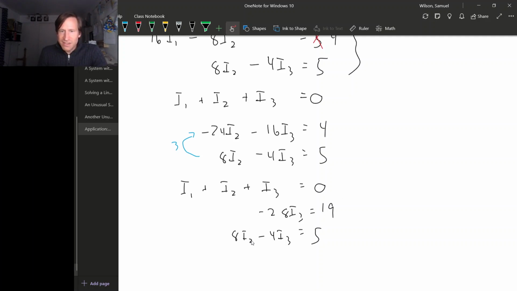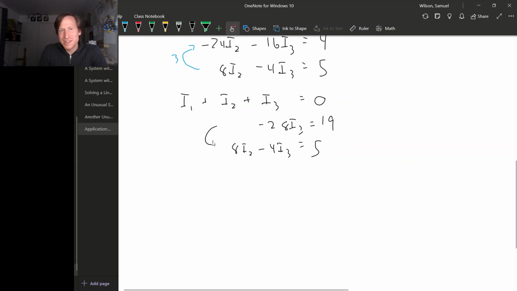All right, now you can see if we just reversed these two equations, we'd have our stair-step pattern to our variables, so we're ready to do back substitution. So this second equation tells us that I3 is minus 19 over 28, which is an unfortunately messy value. It makes me wonder if I made an arithmetic mistake somewhere. Now we can plug that into the third equation.